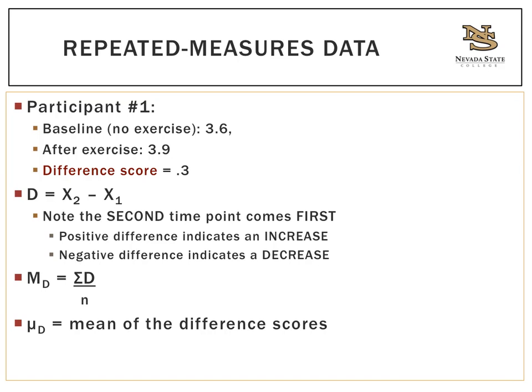And mu D is the mean of the difference scores. This is what we're comparing against, the population mean of the difference scores. These are all of the statistical pieces we're going to need as we move on to calculating our t-statistic using related samples.